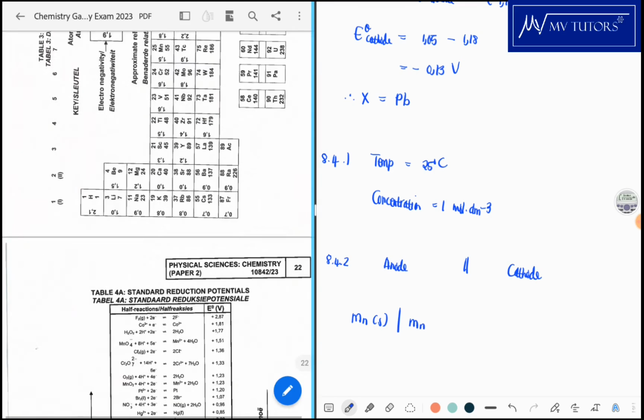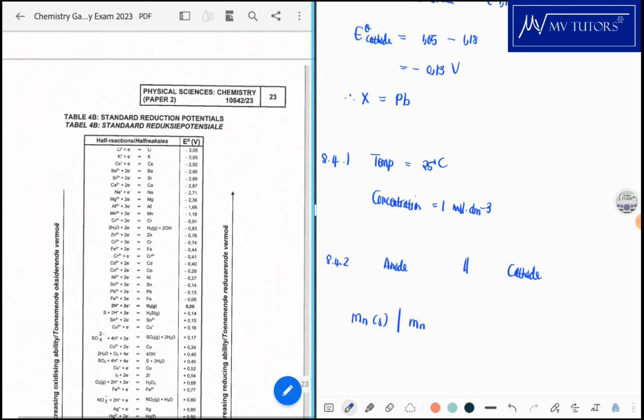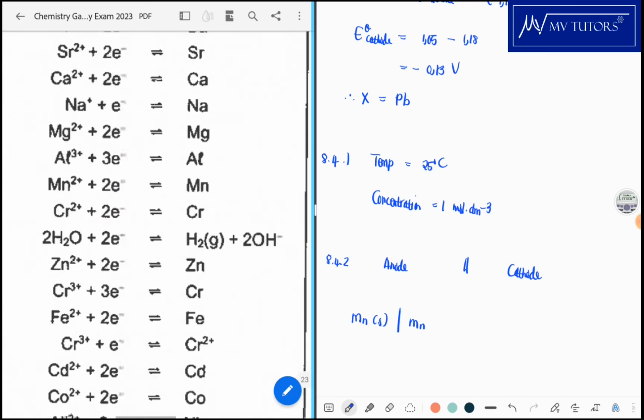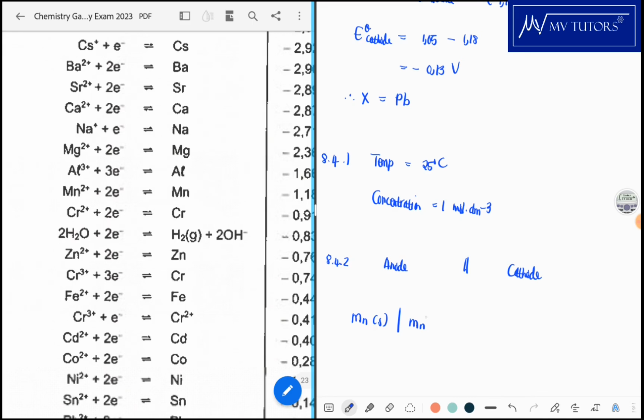If you're not sure how it dissociates, so where's manganese again? So we're going to have Mn 2 plus, and that's an aqueous solution, okay. And in that case, I don't know how strict they are, but you could say the concentration there is 1 mole per cubic decimeter. Then you have your salt bridge, okay.